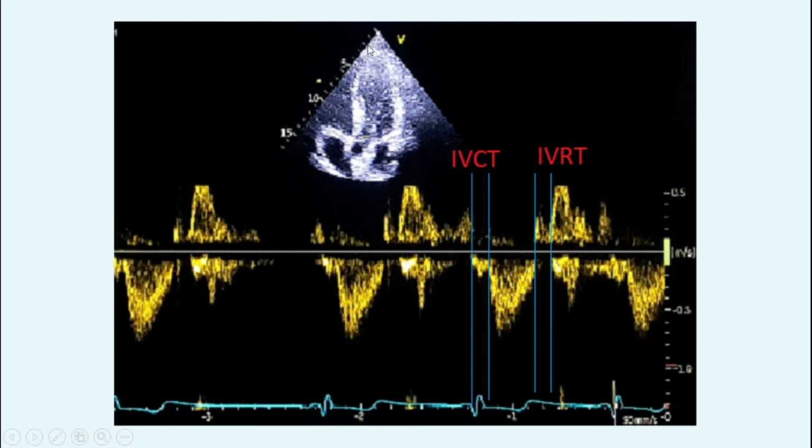Or we can use continuous wave, just put the cursor between these two, mitral valve and LVOT, so we can get both Dopplers. IVCT will be after the end of the A and before the start of LVOT. So this time will give us IVCT. And IVRT is right after LVOT Doppler and before the start of mitral valve inflow or E wave. This time we measure as IVRT.